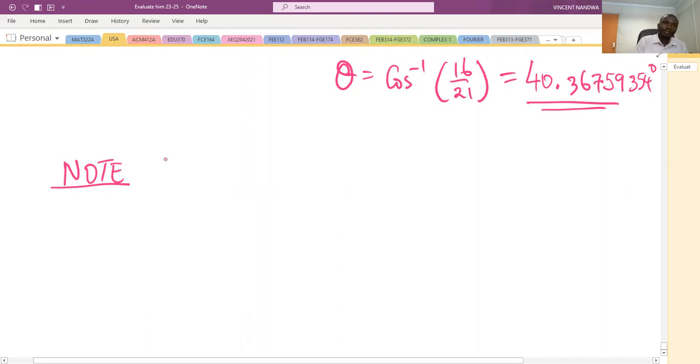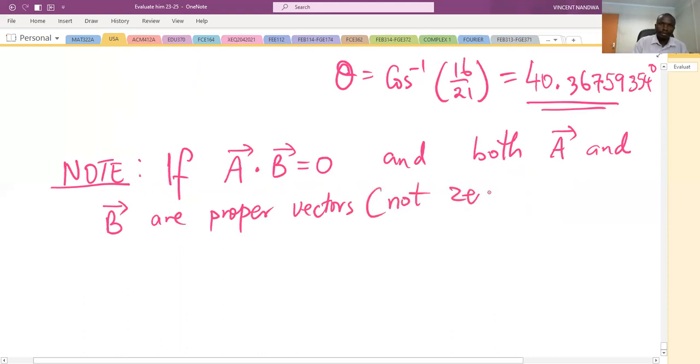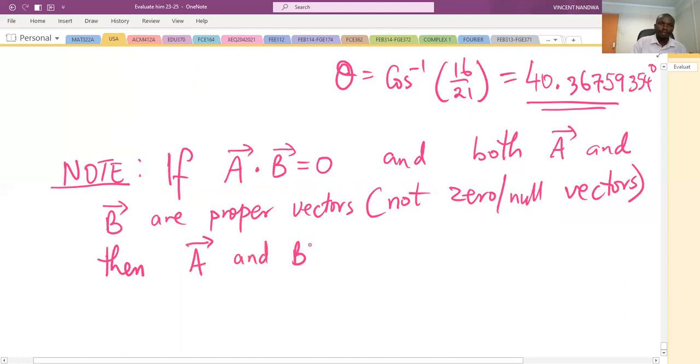If A dot B equals 0 and both A and B are proper vectors, so this means not 0 or null vectors, then A and B are orthogonal.